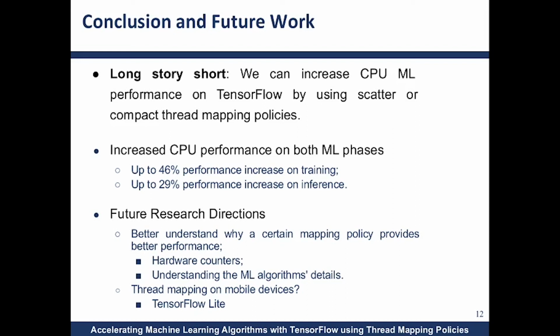For that, we can use hardware counters during the execution to extract more data about the application's execution and get insights from that. We can also take a deeper look at the machine learning algorithms and check if there is some correlation between the architecture and what is being processed in the threads, to see if a certain policy takes advantage of that.